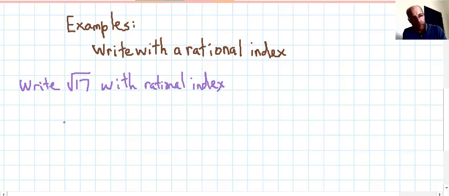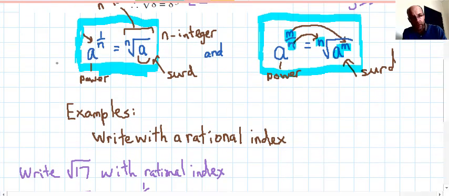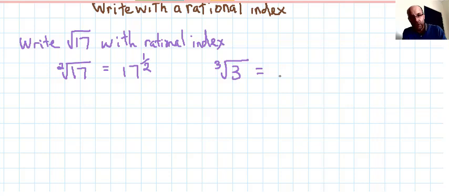Remember that, because square root is the inverse operation of squared, you could write a 2 there, not that anybody does that, and that would follow the 1 on n rule that we just saw, and that'd be 17 to the half. So the square root of anything is that base to the power 1/2. So that's an example of that one there. Another similar example, the cube root of 3 would be written as 3 to the 1/3.